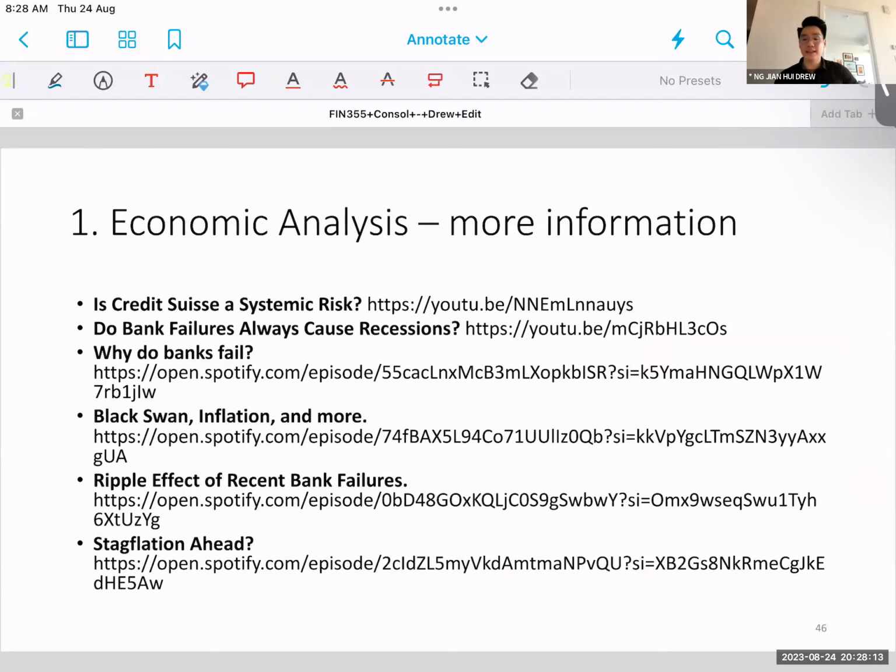For Credit Suisse, it's a bit more complex in the sense that Credit Suisse was already going through very difficult times in terms of its investments. It made quite a few bad choices, bad investments.